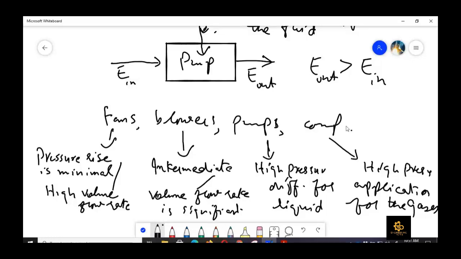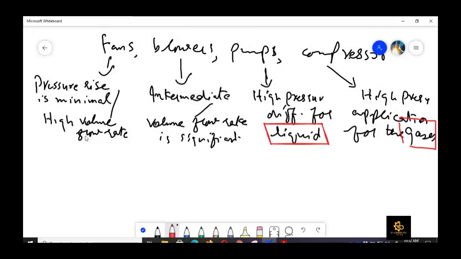And for the pump we are talking about liquids, to increase the pressure of liquid, and the compressor is used to increase the pressure of gases. Any fluid which is in gas form, whether that is air or refrigerant, it depends on the particular application, right? So these are the four types of pumps. And then the second type of turbo machinery, when we talk about the nature of work, is turbines.